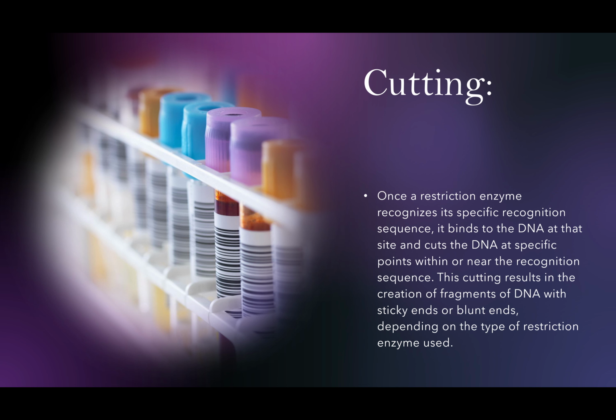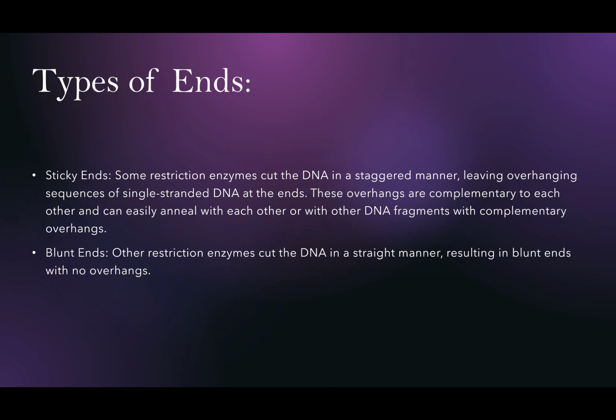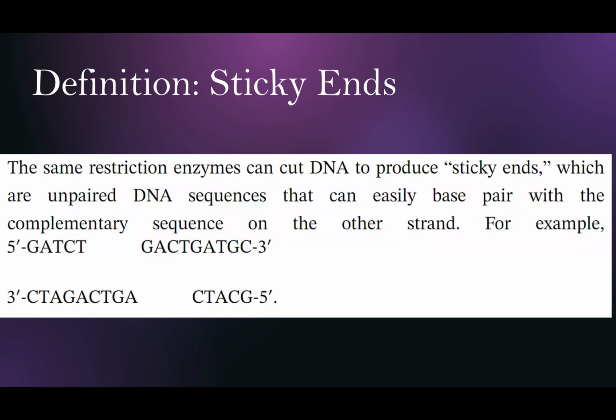Some restriction enzymes cut DNA in a staggered manner, leaving overhanging sequences of single-stranded DNA at the ends. These overhangs are complementary to each other and can easily anneal with each other or with other DNA fragments. Blunt ends come from enzymes that cut straight down the middle, resulting in ends with no overhangs.